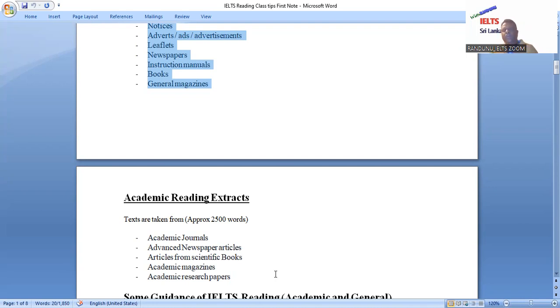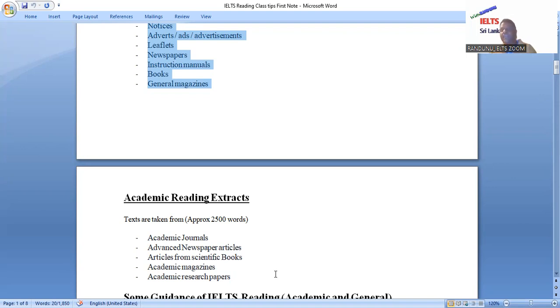Anyway, we are going to learn academic later. So next day also I'm going to do general reading. Next day I'm going to touch some other areas in reading, like some other types of questions. Today we covered only two types of questions. What are they?